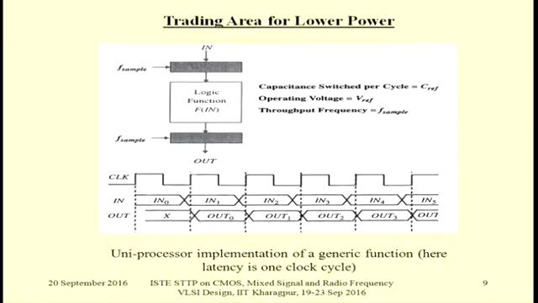Similarly for the second component and so on. So the latency is one clock cycle and throughput can be maintained. But if C ref is high or VDD is high, then the power spent will be too much. So what we are after is whether we can bring down the power supply voltage in order to reduce the overall power, but at the same time maintain the throughput. So how is it possible?